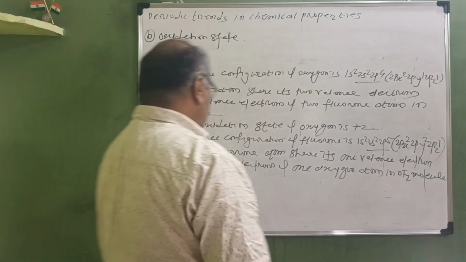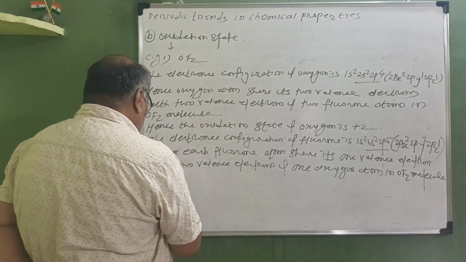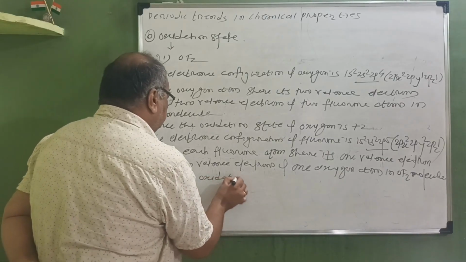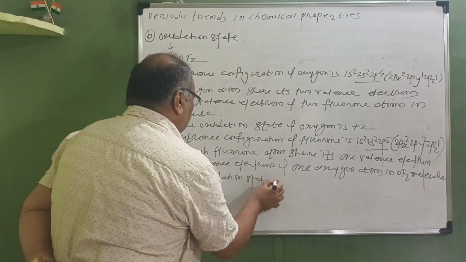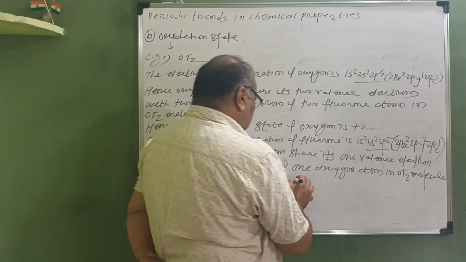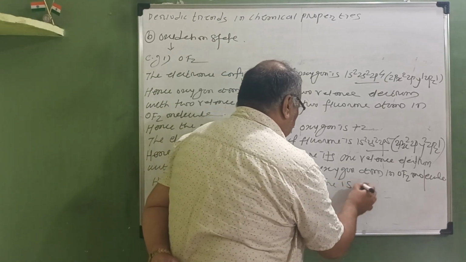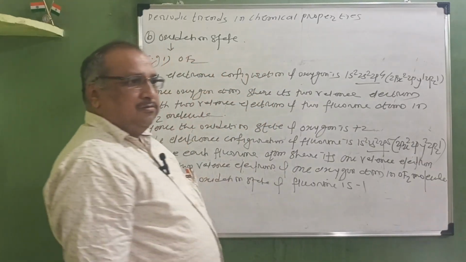Hence the oxidation state of fluorine is -1.